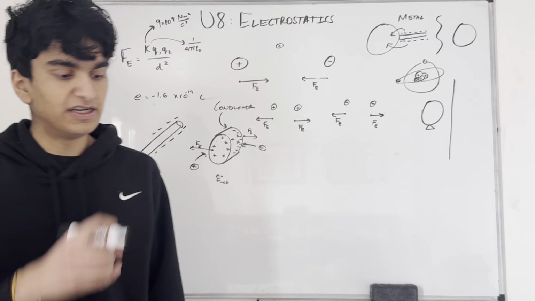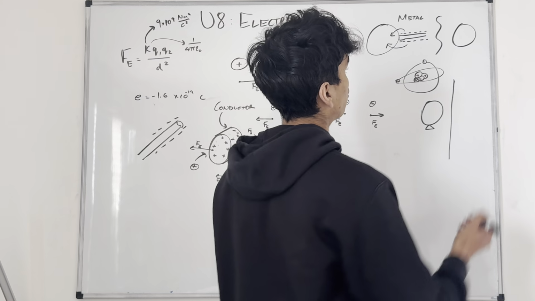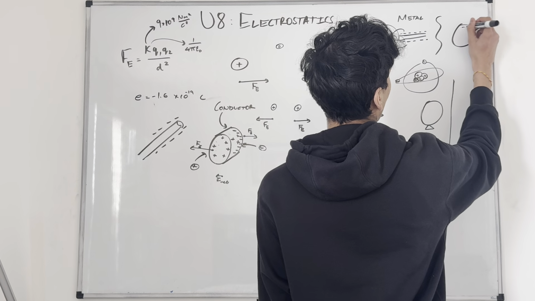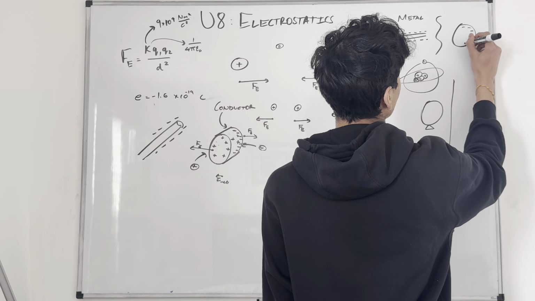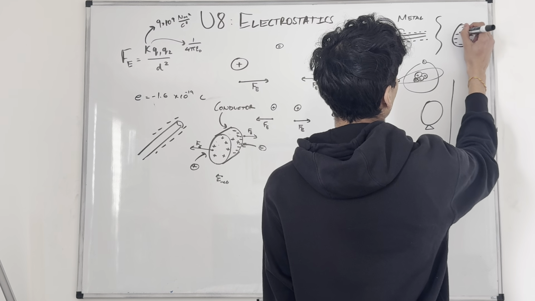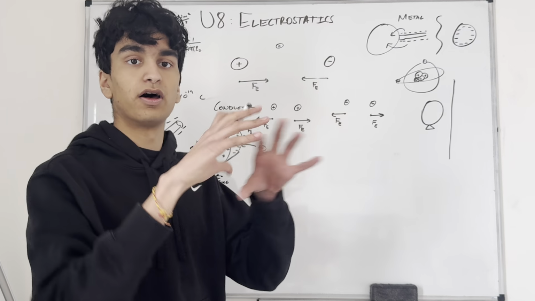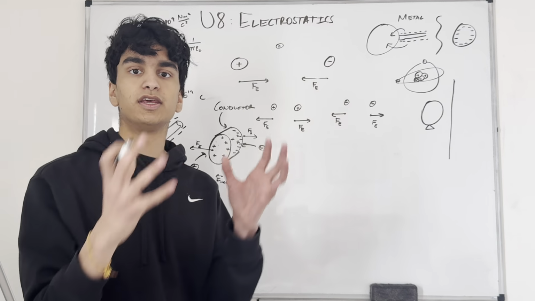How will that charge be distributed? It's going to be distributed all over the surface of the metal sphere. Even if it's not hollow, even if it's a solid metal sphere, all the negative charge in this case will sit on the surface.